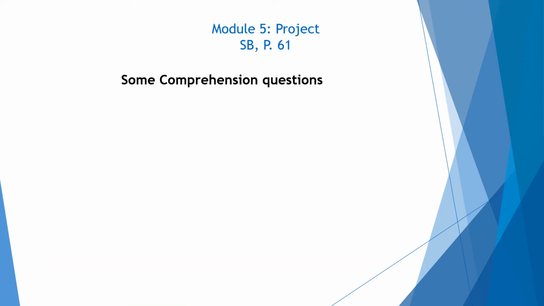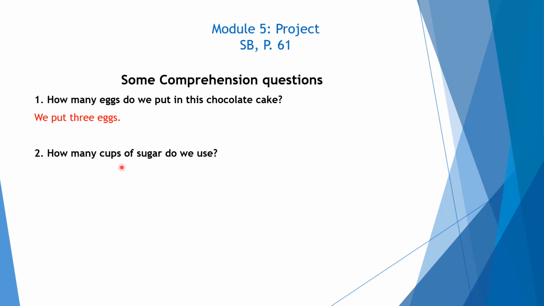Now go back, read the recipe once again, 1 minute, because I'll ask you some comprehension questions. Yes, number 1. How many eggs do we put in this chocolate cake? We put 3 eggs. 2. How many cups of sugar do we use? We use 2 cups of brown sugar. 3. What is the first step?